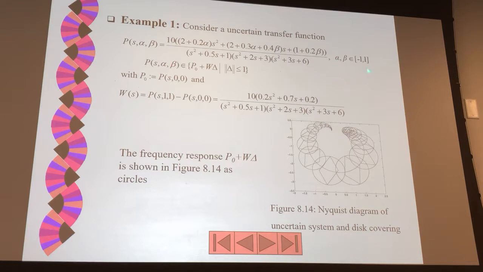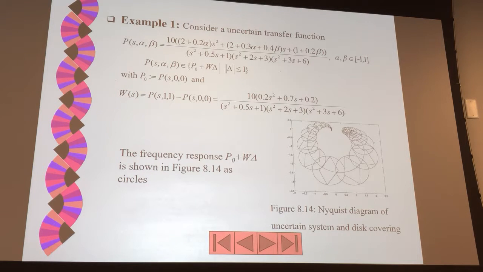Because this is changing from -1 to 1, the middle is 0. I put 0, 0 in here and I get the nominal model. Then I put 1, 1 on the edge, the worst case. This again may not be right, but we will see. Then we are going to get this Delta in here, and there is the W.